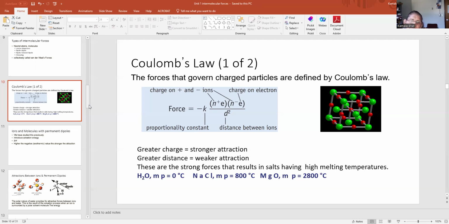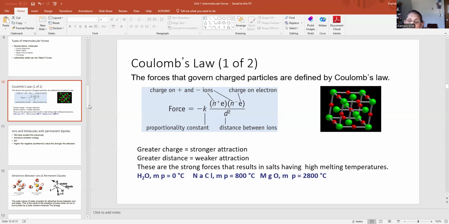The attractive force is equal to minus K, N plus E minus times N minus E, divided by the square of the distance between the ions. Greater the charge, greater the force of attraction; greater the distance, weaker the force of attraction.